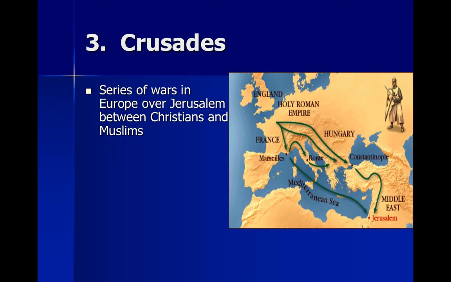As much as a series of wars, the Crusades could be given credit for being an indirect discoverer of America. I'll explain to you why that is. The Crusades were a series of wars over Jerusalem, a fight between the Muslims and the Christians. For our purposes, that's not what we're going to get into and talk about. What we will talk about is there was a whole bunch of nation states all over Europe.